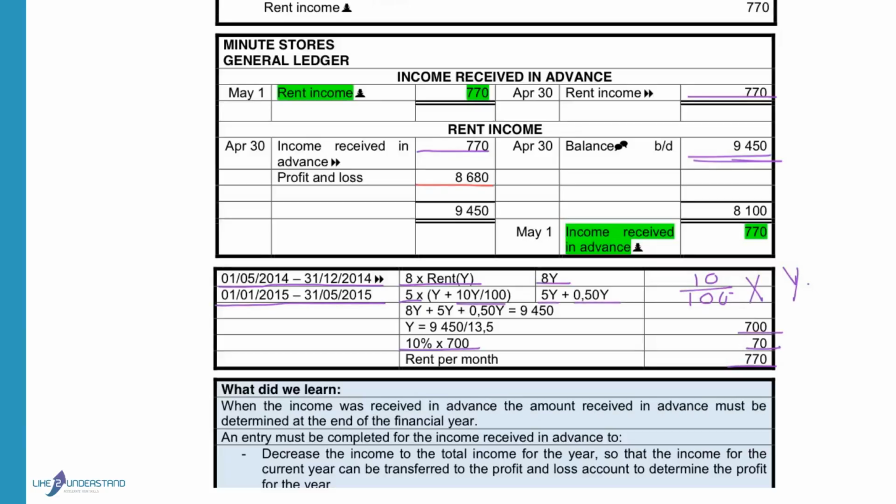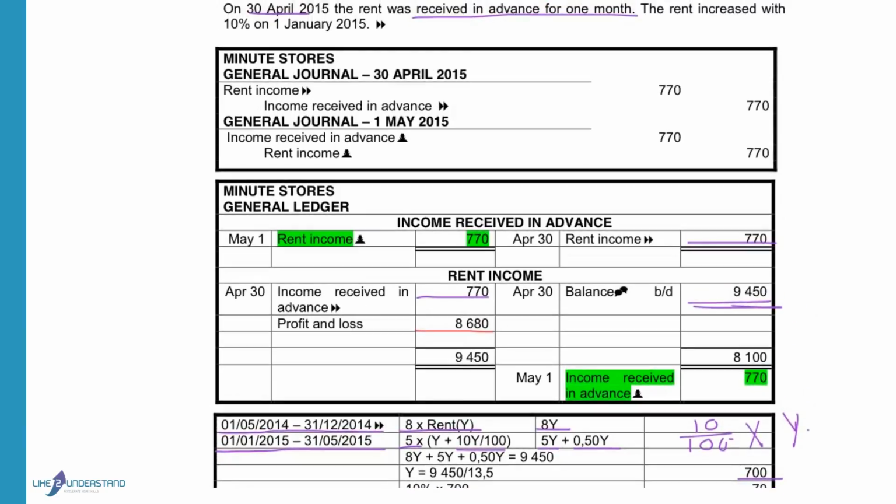We will also have to record these entries in the general journal. So at the end of the year, we will show that rent income must be decreased with the amount received in advance. Income received in advance will be credited with the 770. On the first day of the next financial year, we have to do a reverse entry.